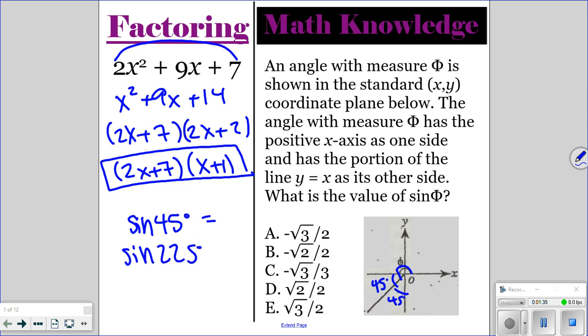So the sine of 45 is square root of 2 over 2. But the sine of 225, that puts it into the third quadrant. And so that is going to be negative square root of 2 over 2, which is B. And that's because sine is negative in the third quadrant.